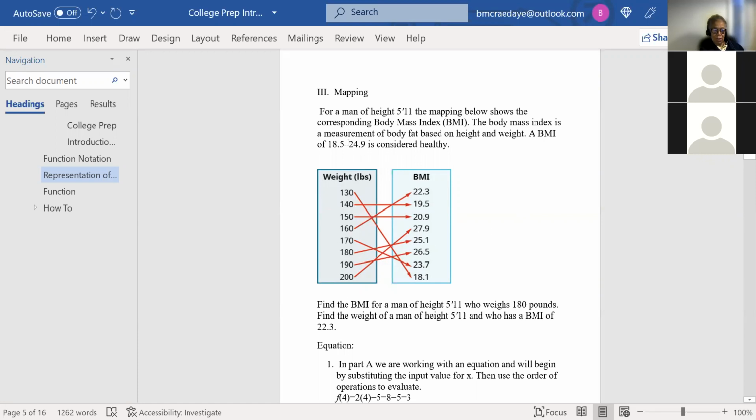Because you're given the weight and the body mass index, which is a measurement of body fat based on height and weight. This table is just for a 5 feet 11 inch man. So the weight is an input, the BMI is an output.